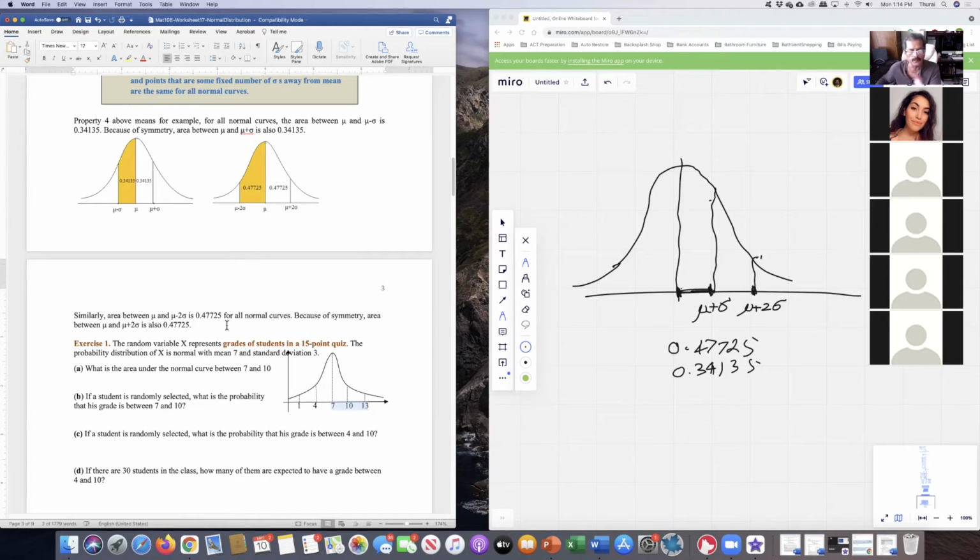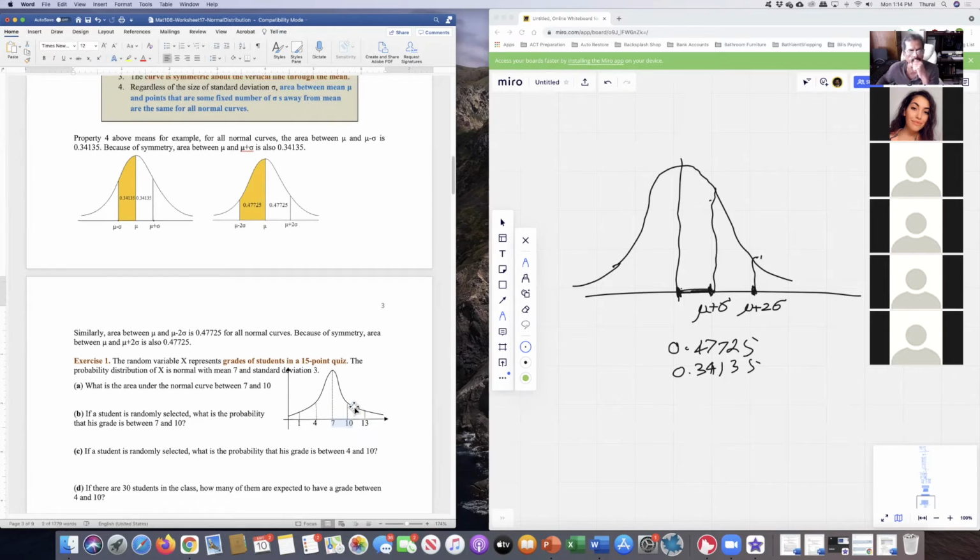Always in any normal curve, between the mean and mean plus 1 sigma, the area will be 0.34135. So in the range between 7 and 10, the area under the normal curve is 0.34135. Are you with me so far? Yes. Then how does it change between 10 and 13 to be 0.47725? No, 0.47725 is not for 10 to 13, it's for 7 to 13.